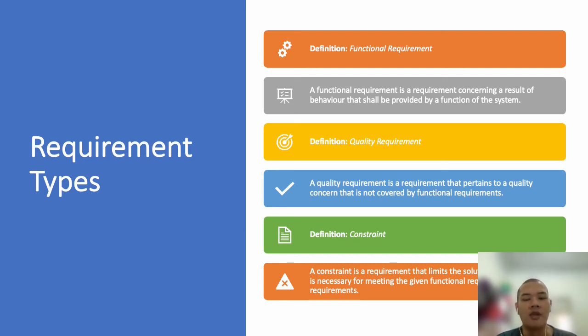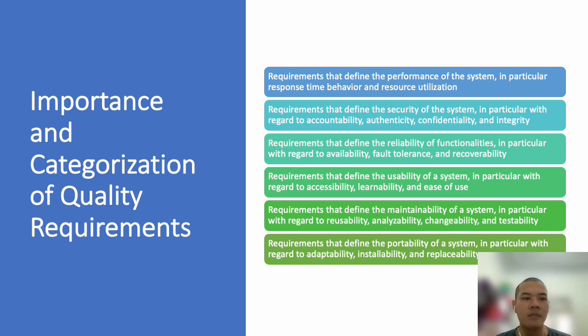So when we talk about the requirement types, there are three types: functional requirements, quality requirements or non-functional requirements, and the last is the constraint. Next is the importance and categorization of quality requirements.